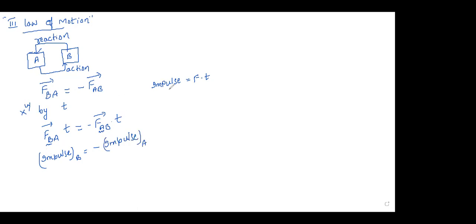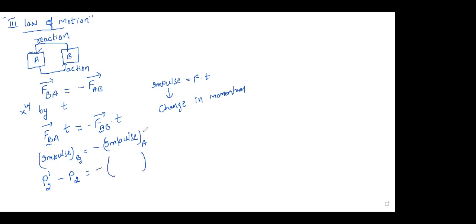And also you have proved that the impulse is equal to what? Change in momentum. So the final momentum of the body B, let it be P2 dash, minus P2. P2 dash is the final momentum. P2 is the initial momentum of the body B. So P2 dash minus P2 is equal to minus.